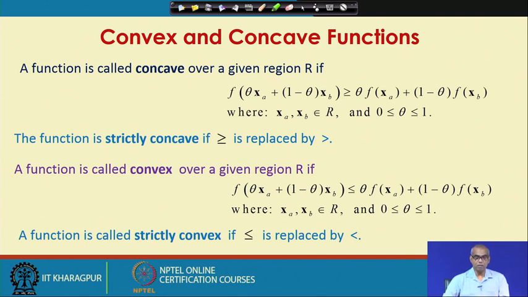Then you can say the function is convex if f of theta xa plus (1 minus theta) xb is less or equal to theta times f of xa plus (1 minus theta) times f of xb. Again, the function will be called strictly convex if the less or equal to sign is replaced by a strict less than sign.